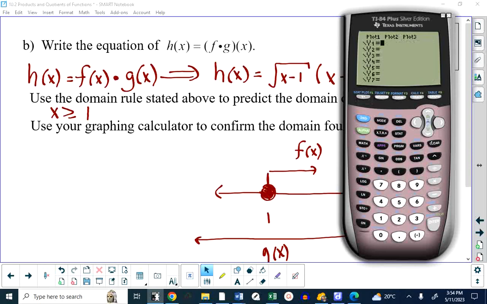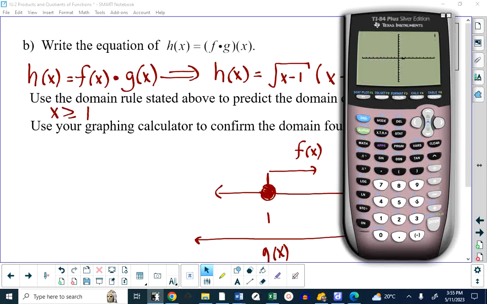I mean, I wouldn't teach you something unless it were true, but let's just check it out to be sure. We're going to put y equals the square root of x minus 1, making sure to close the brackets on that argument for the square root. Then we're going to multiply that by, in brackets, x minus 2. You're not expected to know what this graph is going to look like.